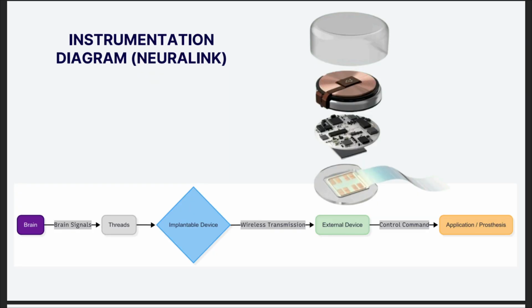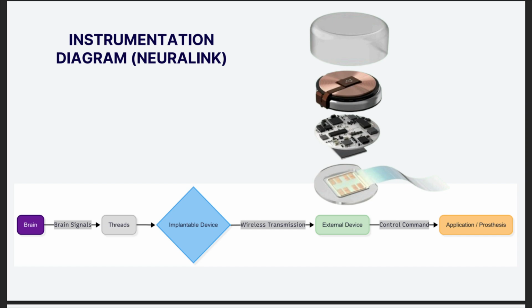I'm Chaitanya and I'll be taking you through the instrumentation diagram as well as the risks and functions of a brain-machine interface. So firstly, the picture you see on the right is a Neuralink brain-machine interface sensor that is opened up. First, brain signals will be captured using the threads on the device, which is on the bottommost part of it.